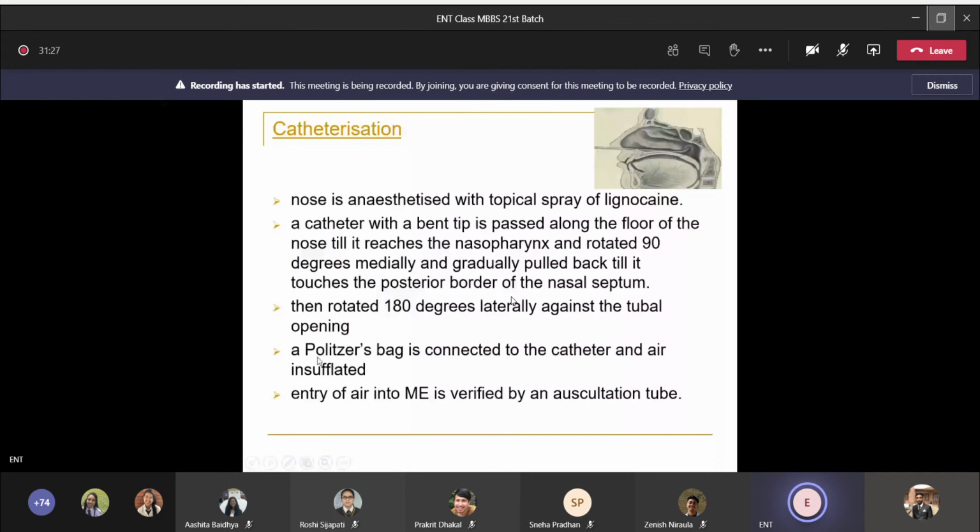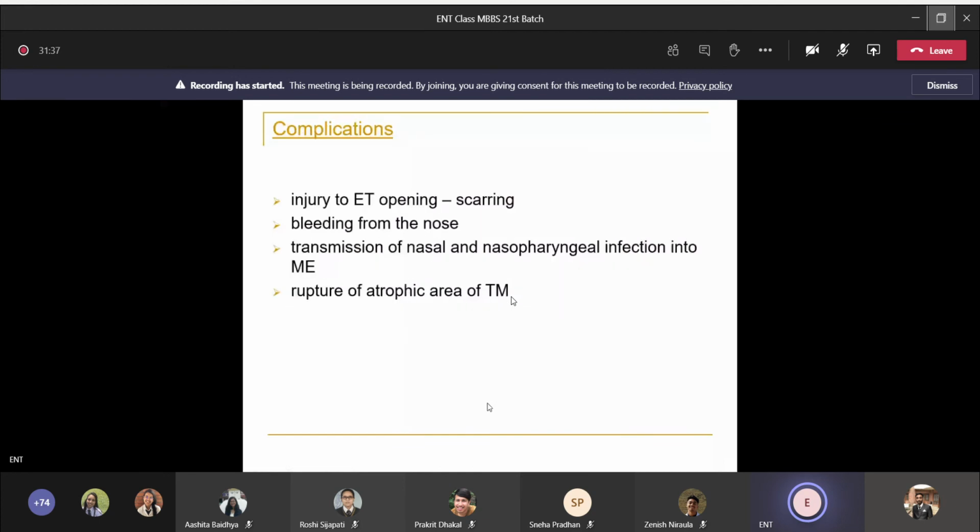A Politzer bag is connected to the catheter and air is insufflated. Entry of air into the middle ear is verified by an auscultation tube. During this procedure, sometimes there can be injury to the nasopharynx and eustachian tube opening, which is very dangerous.